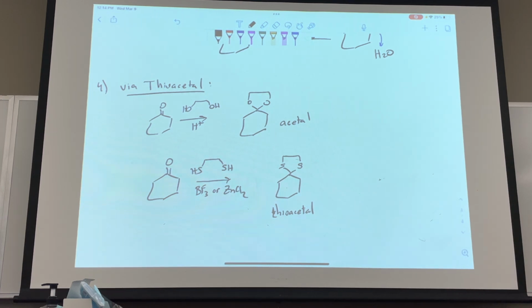In the same way that we talked about the use of acetals as carbonyl protecting groups, we can also use these as carbonyl protecting groups, because you can put them on and you can take them off.